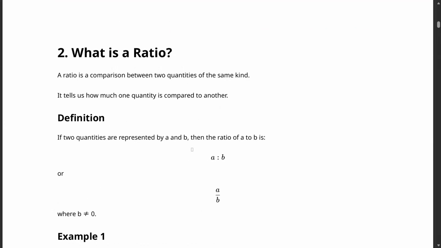So, what is ratio? A ratio is a comparison between two quantities of the same kind. It tells us how much one quantity is compared to another.